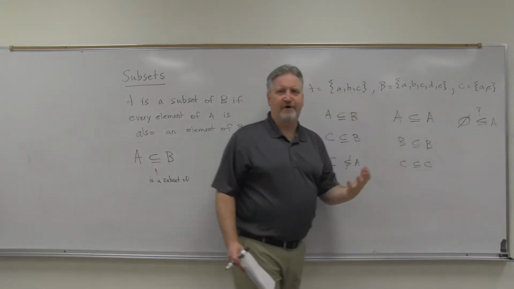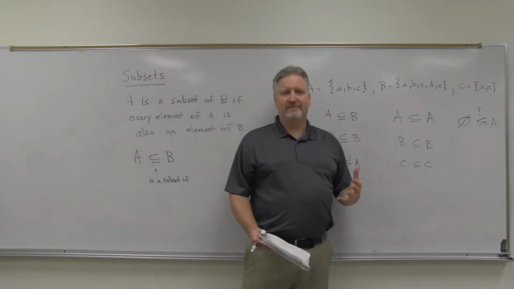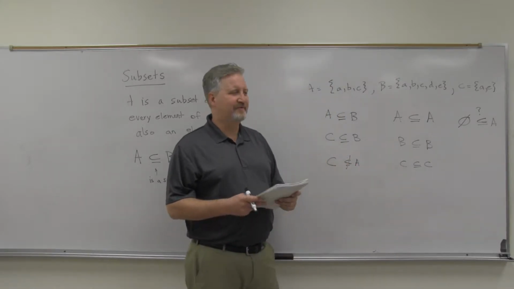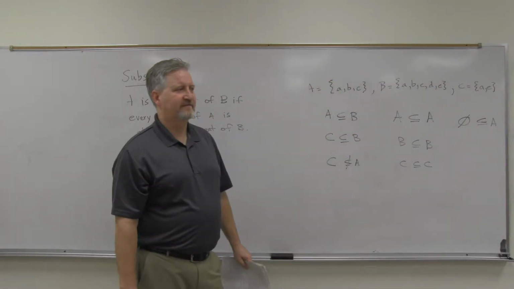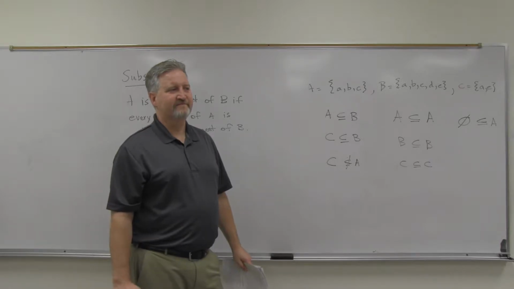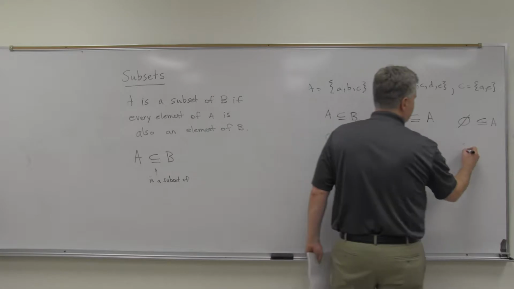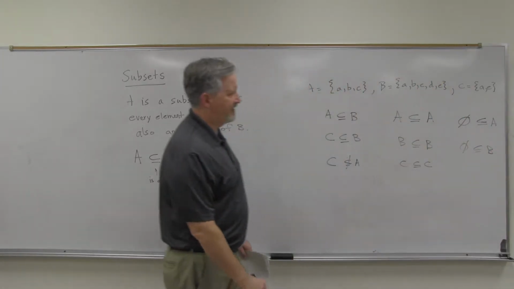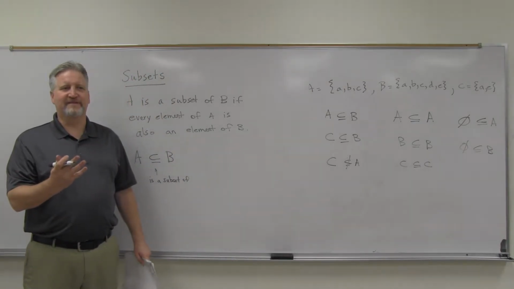So it's kind of by default. I'll do a little example here in just a second that may help a little bit explaining it too. But yes, the empty set is a subset of A. The empty set is a subset of any set. So it doesn't matter. The empty set's a subset of B, C, and all that. Because there's just not anything to disqualify it from being a subset.